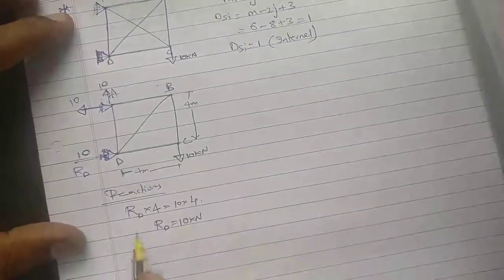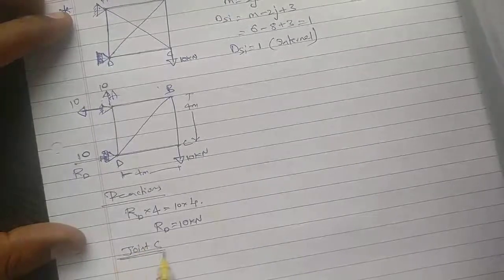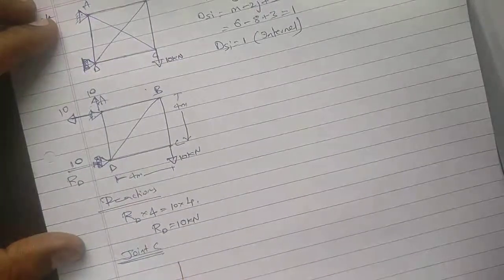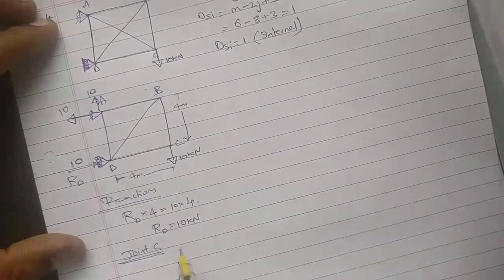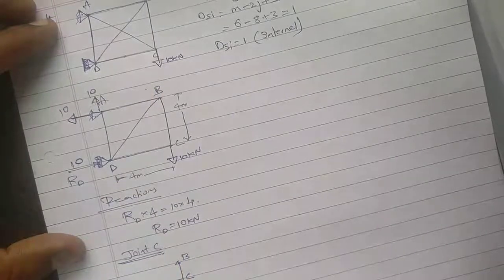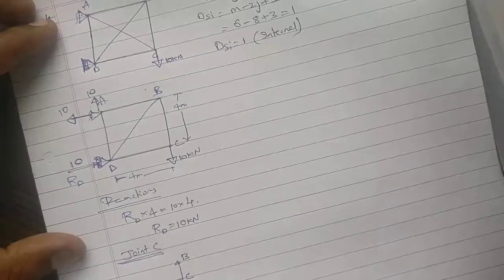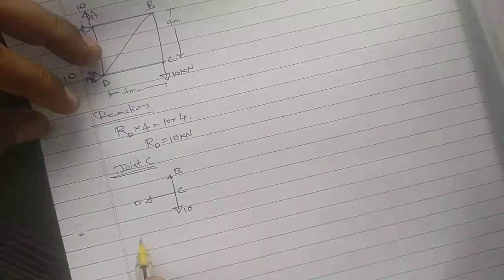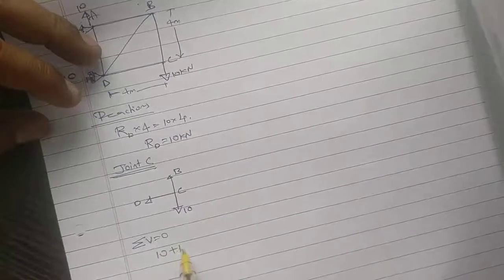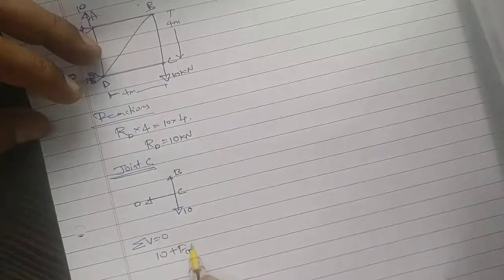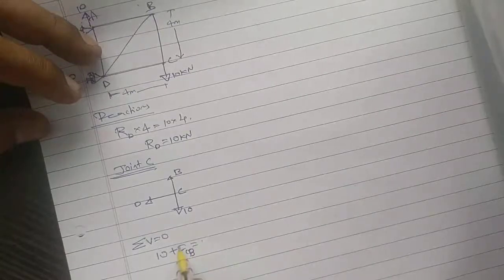So we'll start the problem with joint C. This is C, this is B and this is D. Sigma V is equal to 0, 10 plus FCB is equal to 0.